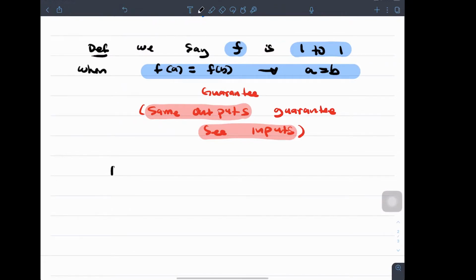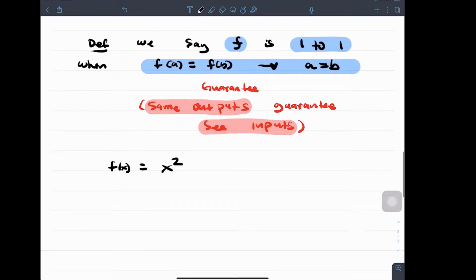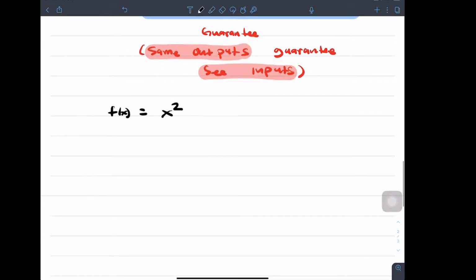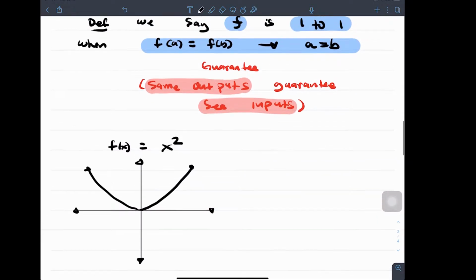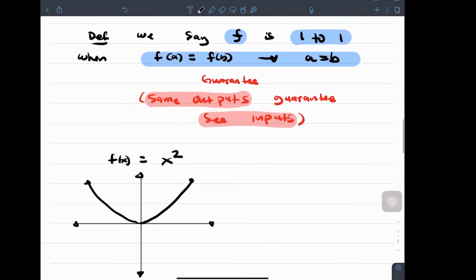Okay, so here's the function that is not 1 to 1. You guys know the graph of which, that's the parabola. This is our definition. You say, well, why is this not 1 to 1? It's very simple.